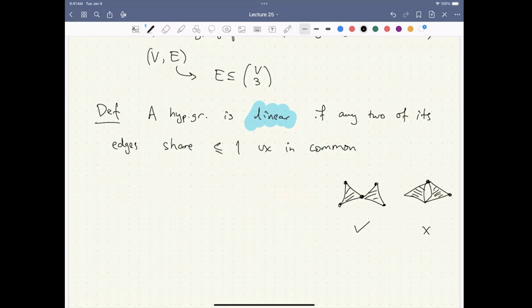This hypergraph, 4 vertices, 2 edges, the 2 edges share 2 vertices in common.